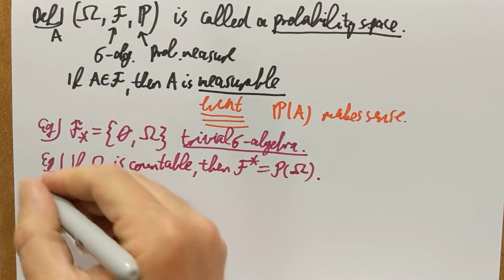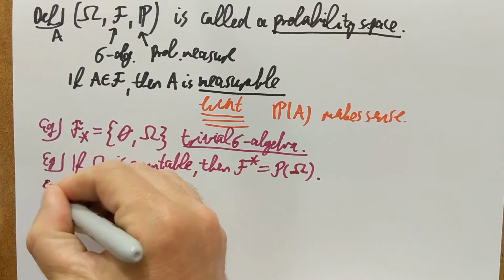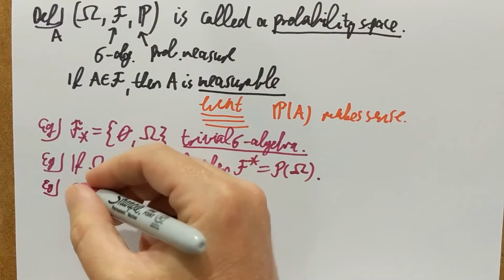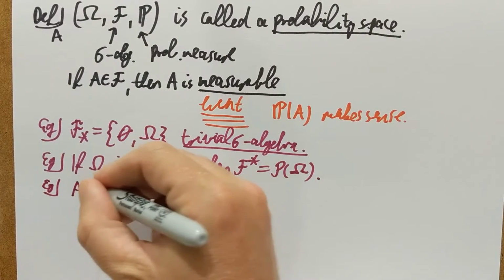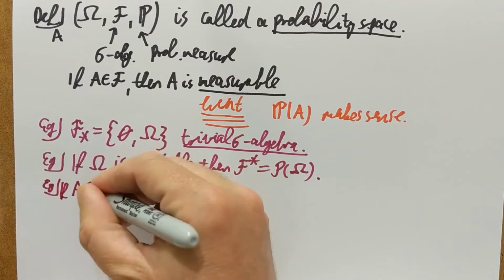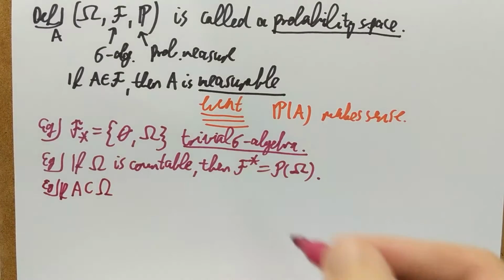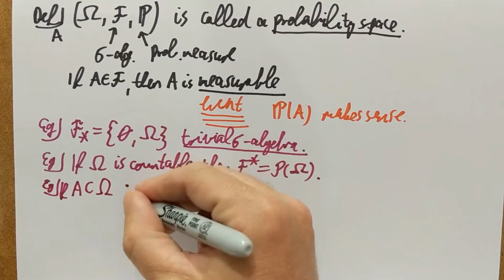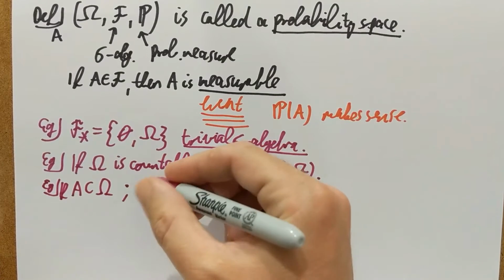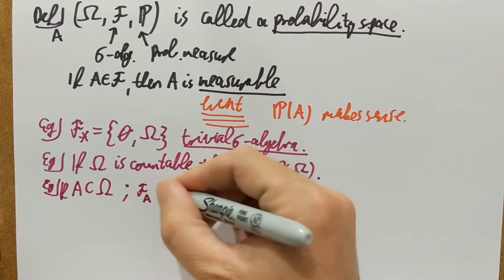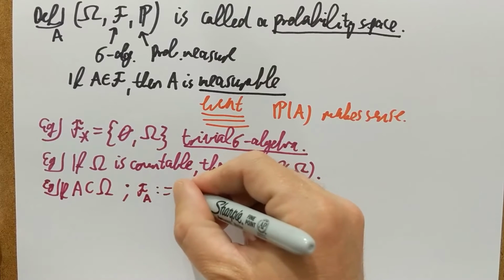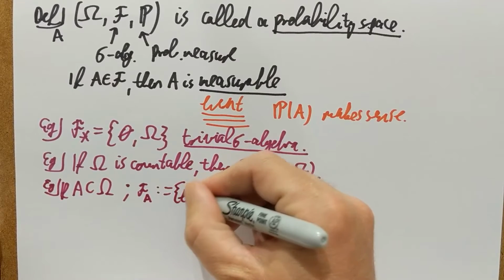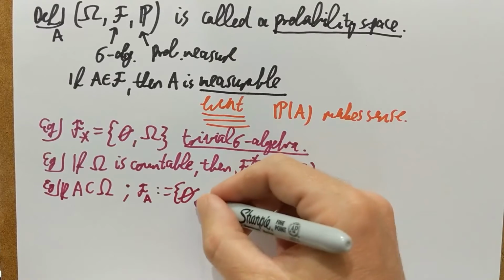Here is the next example. Suppose that we have again a sample space and take any proper subset A of omega, so this is not empty and it's not omega, it's a proper subset. Then you can do something called the sigma algebra generated by A by including the empty set, which is easy to see, it always has to be in.